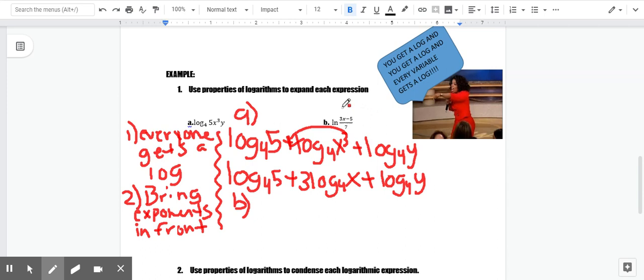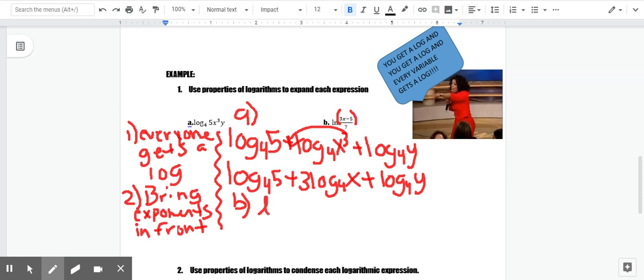What I mean by everyone gets a log is that if you have something like this, 3x minus 5, we can't split that up. So you have to think of that kind of like it's a factor. So this piece gets its own log and 7 gets its own log, but we can't split up 3x minus 5. So that whole part needs to stay together. Since we have division, we are going to now use subtraction in between our logs.